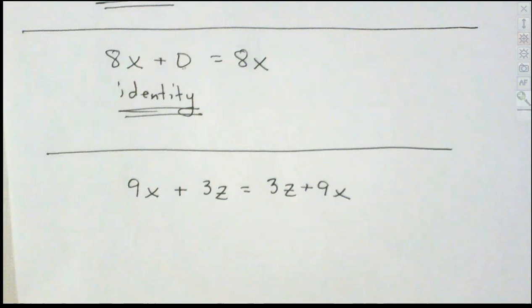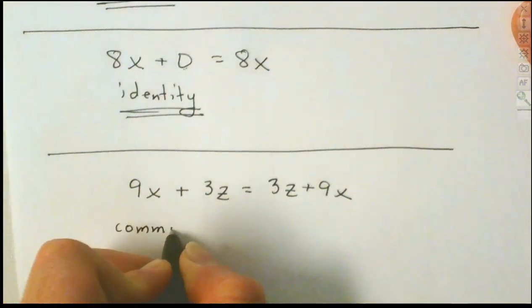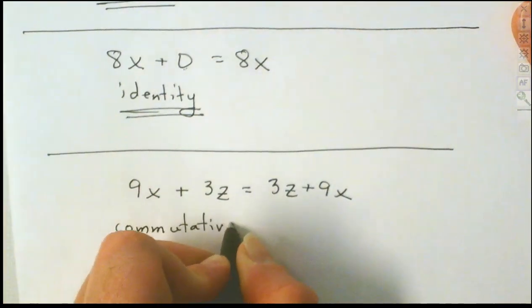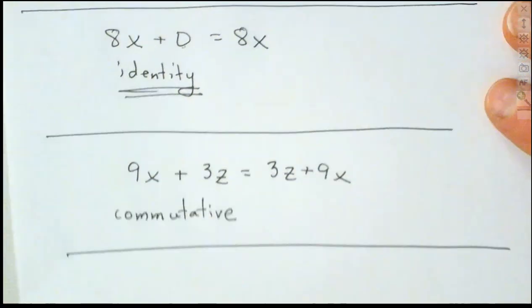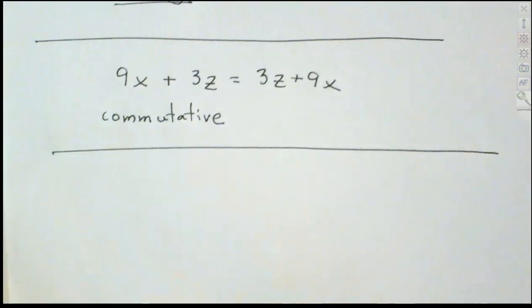Which one? It's going to be the commutative property. Why? I don't even have any groupings at all, do I? Right? And when we talk about the commutative property, what am I doing? Changing the order. So 9x plus 3z is going to be the same thing as 3z plus 9x, right? I flipped them around. So this is the commutative property.